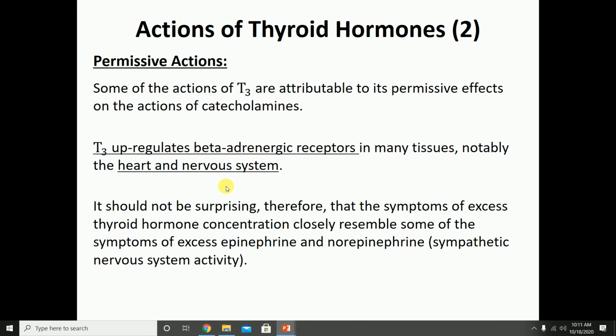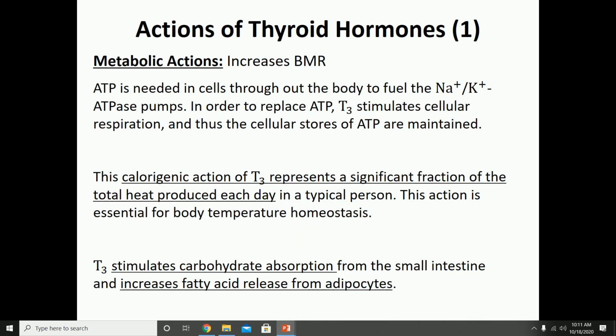It is due to this action, where T3 upregulates your adrenergic receptors, especially on the heart and nervous system, that this has a lot to do with the clinical picture of a patient that has hyperthyroidism, or the hypersecretion of thyroxine. You will find that these patients have tachycardia, high blood pressure, loss of weight, and they are extremely hot, they cannot tolerate heat because of the calorigenic effect.